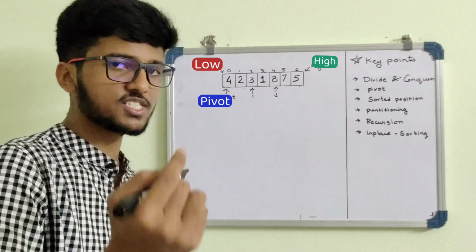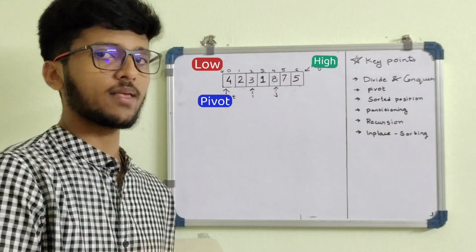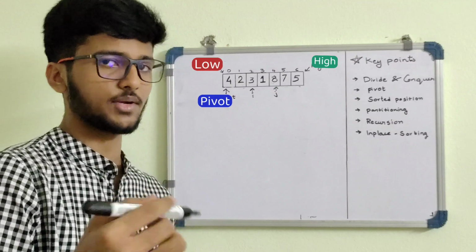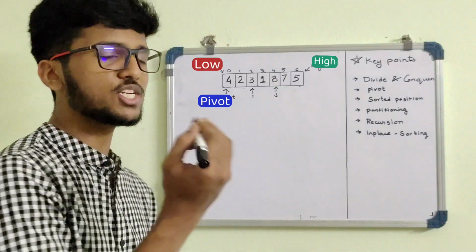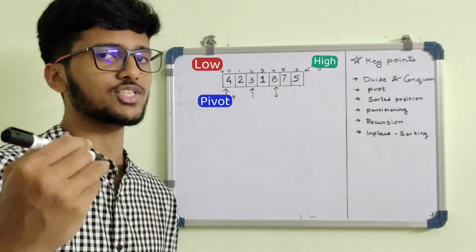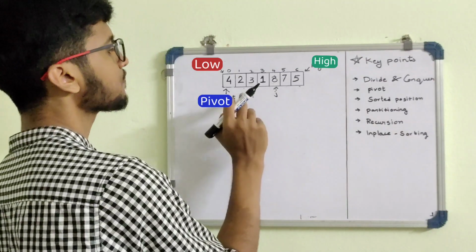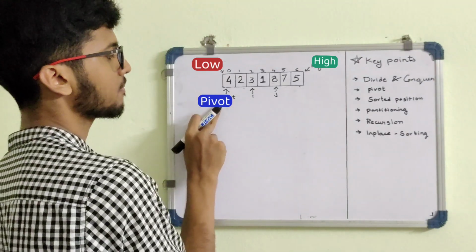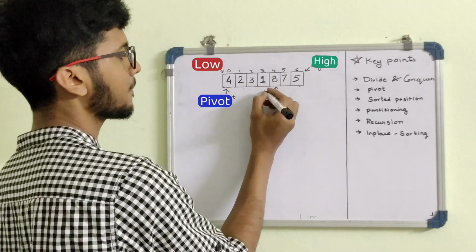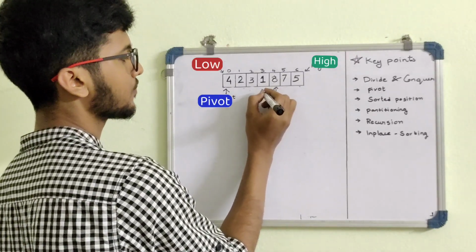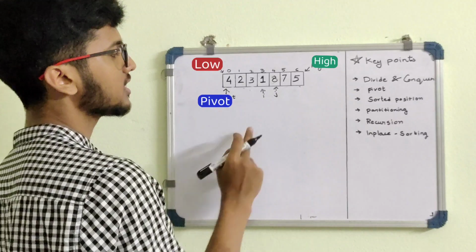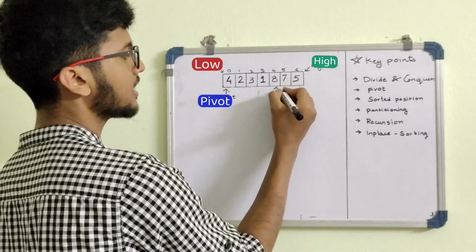What is the process? The first step is increment i while the element at i is less than or equal to the pivot element, and decrement j while the element at j is greater than the pivot element. So here i is smaller than the pivot element, so increment i. i is still smaller than the pivot element, so increment i.